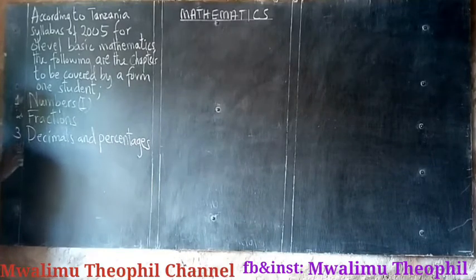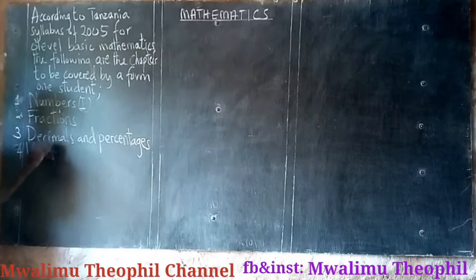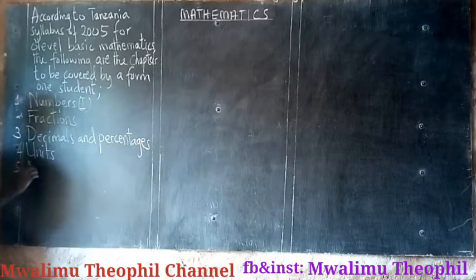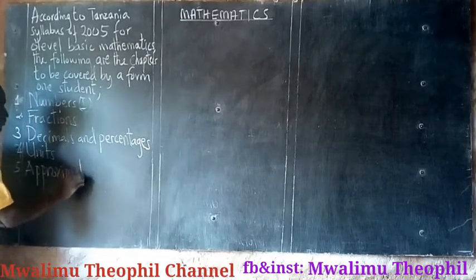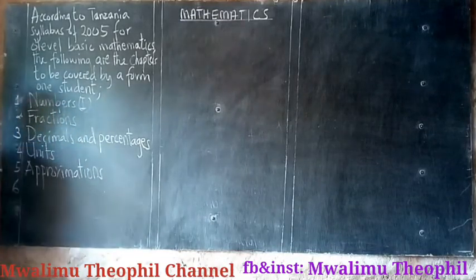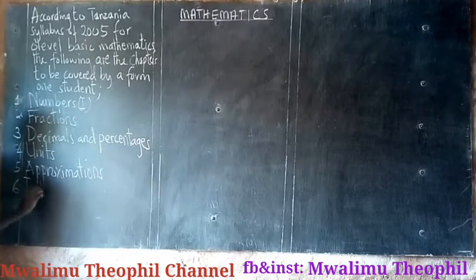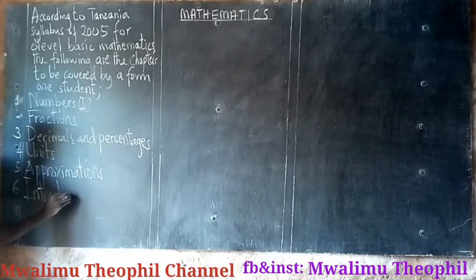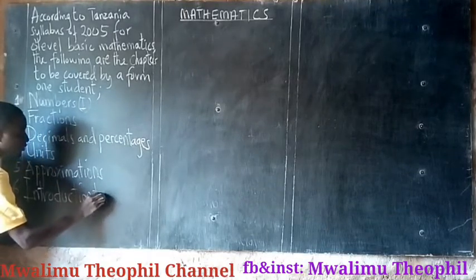Chapter 4 is units. Chapter 5 is approximations. Chapter 6 is introduction to geometry.